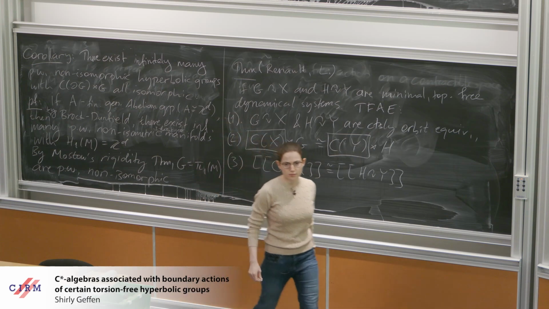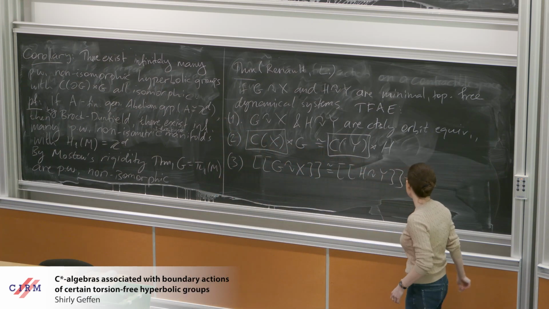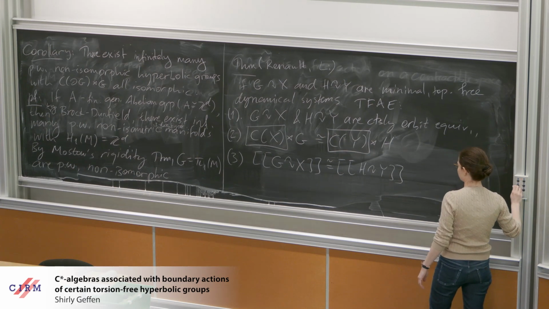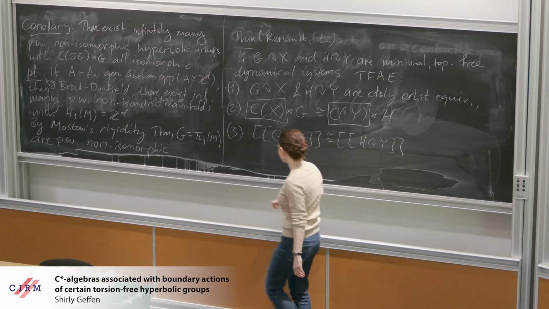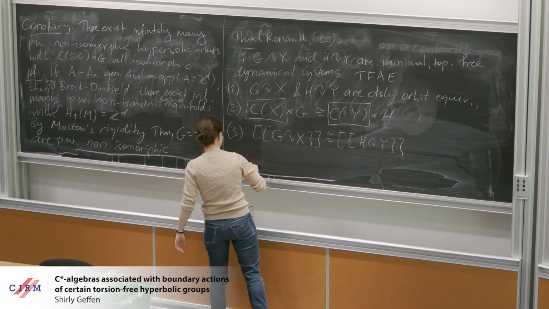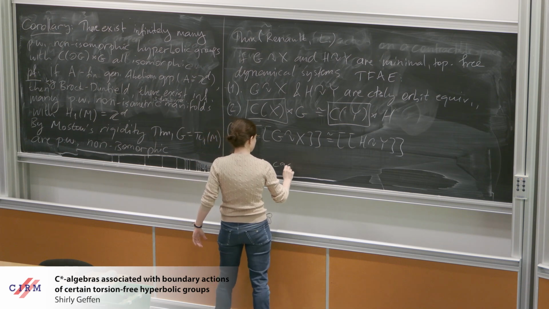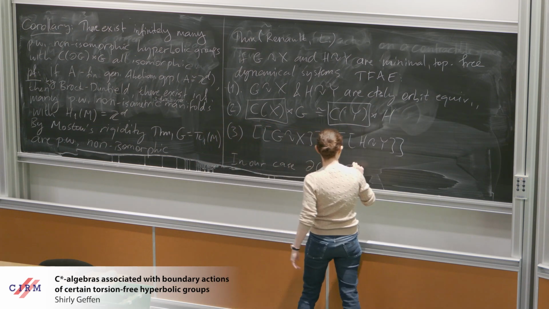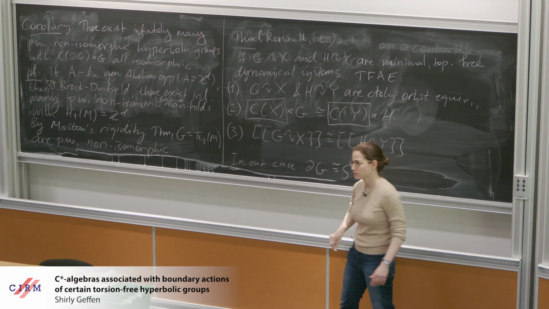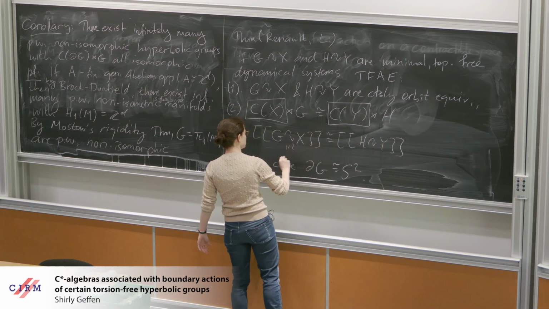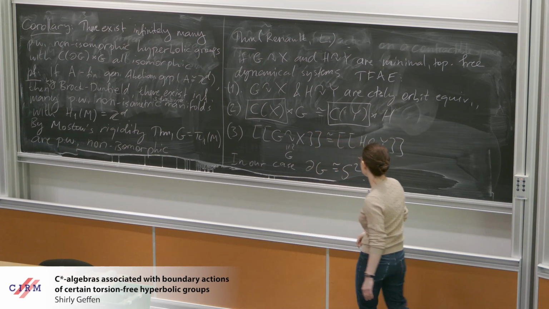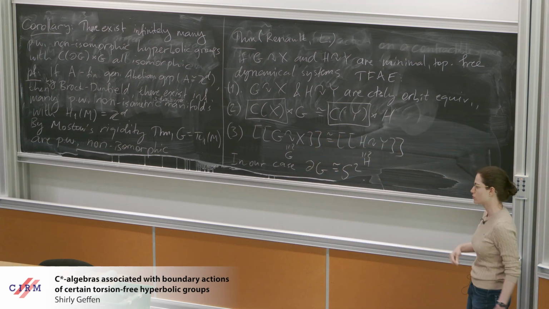So in our case, the actions are all the time on the boundary, and the boundary for all these groups is just the two sphere, which is always connected. And so these topological full groups are just the groups themselves, and we chose them so that they are not isomorphic.